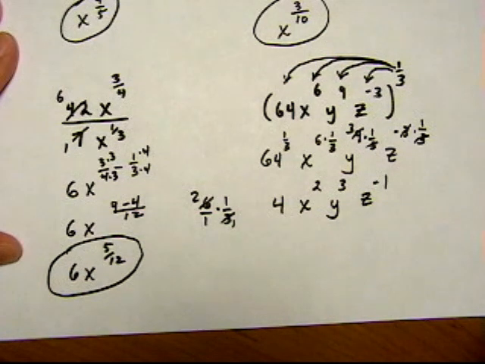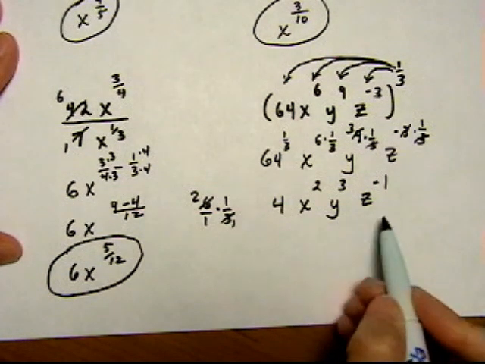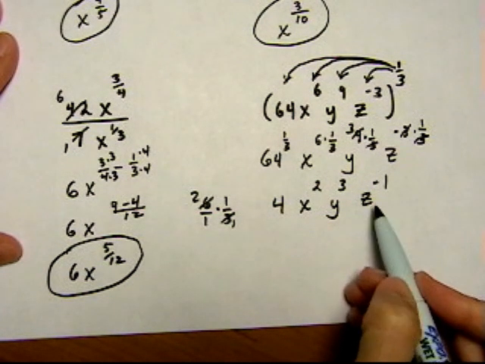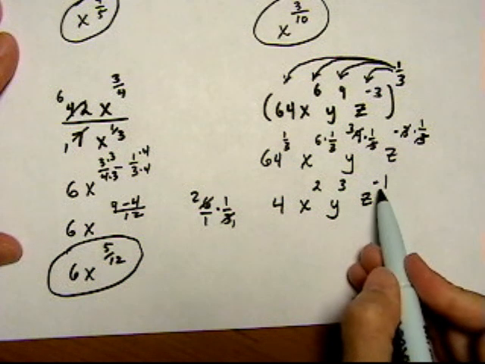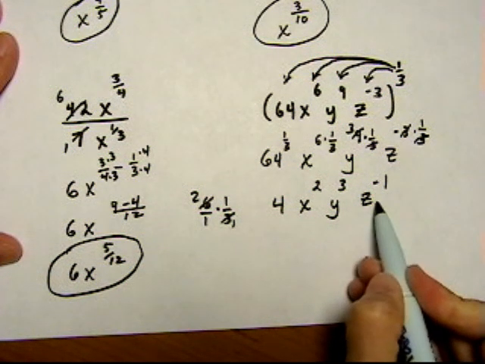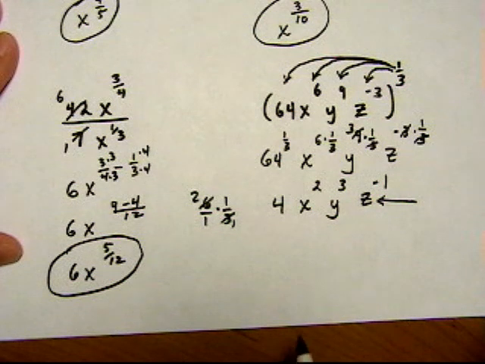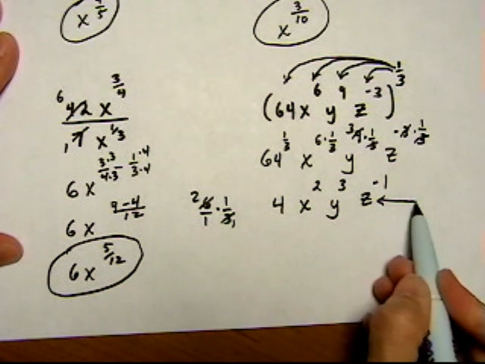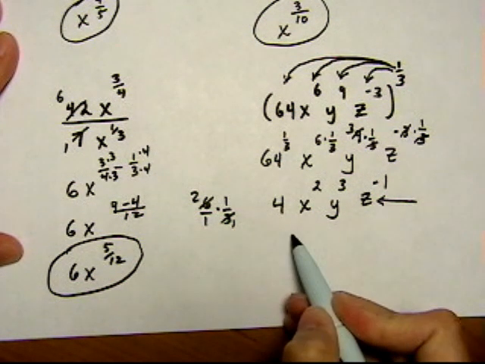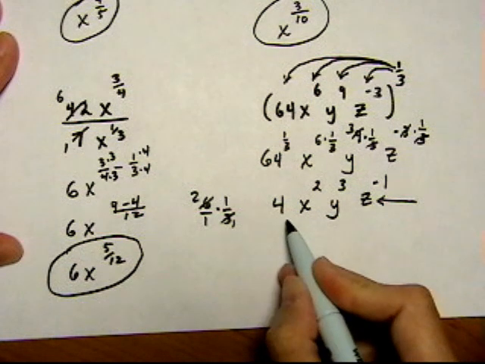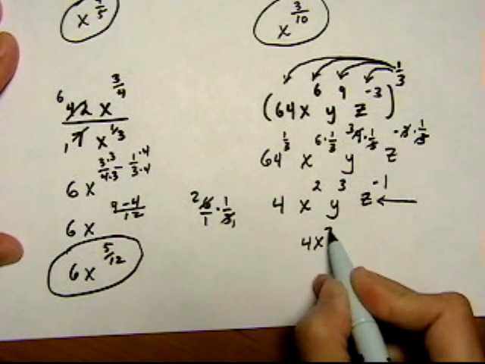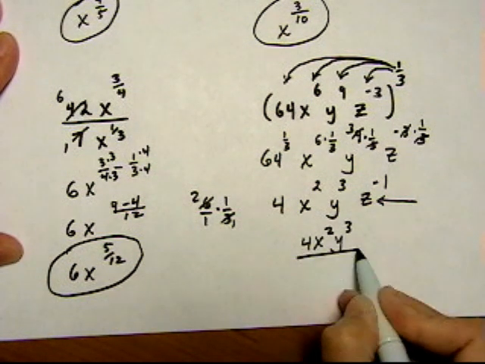And we're almost done, but to be completely simplified, the expression cannot have any negative exponents. So we need to take only the base that has a negative exponent, which is the z, and shift it down into the denominator. So that means we're going to have 4x squared y cubed in the numerator.